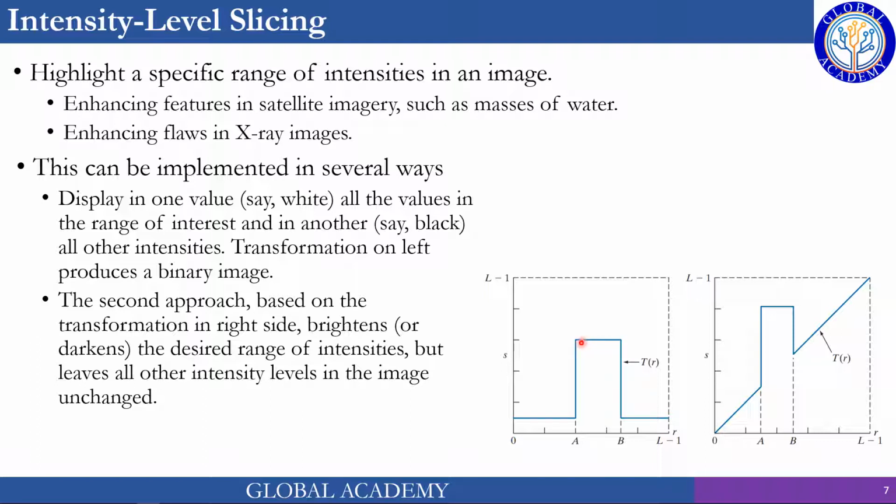So we are just masking this range of gray levels. That's like converting a certain range of gray levels to one grayscale and all other gray levels to some other range.